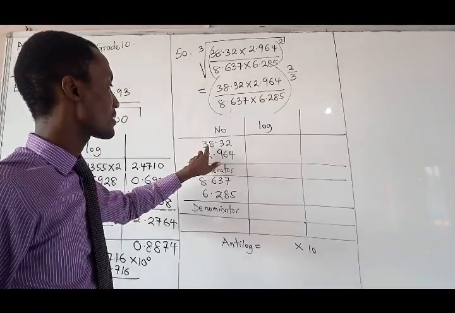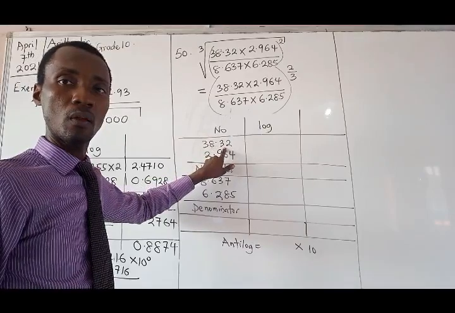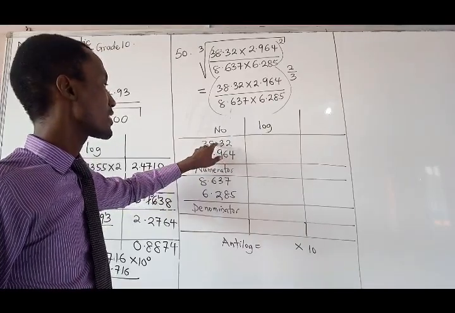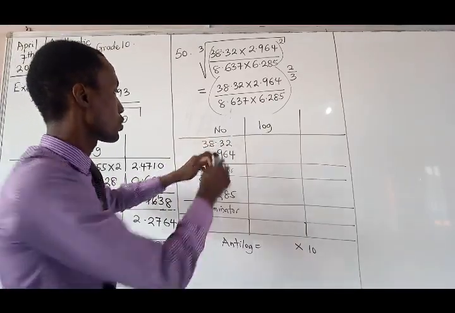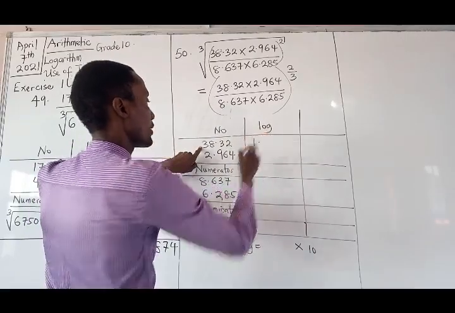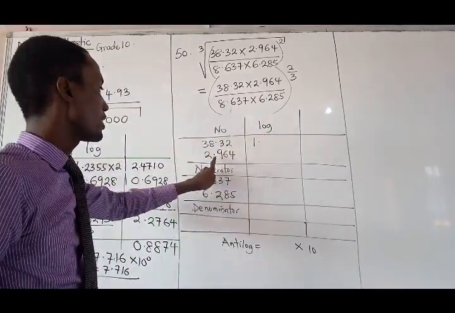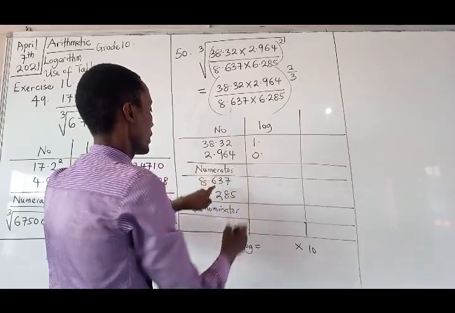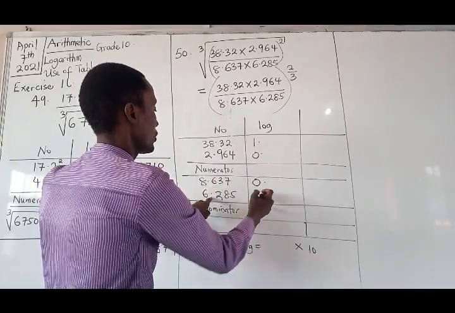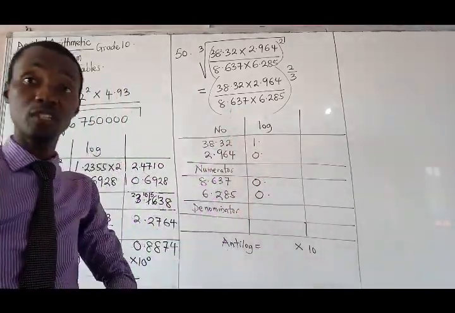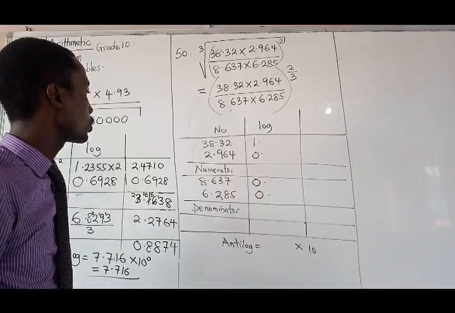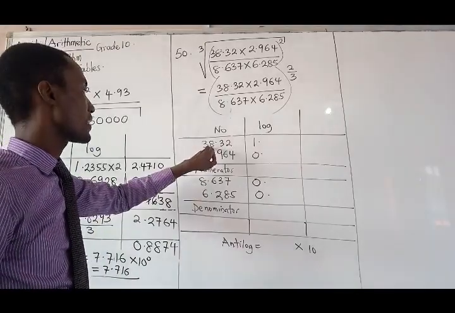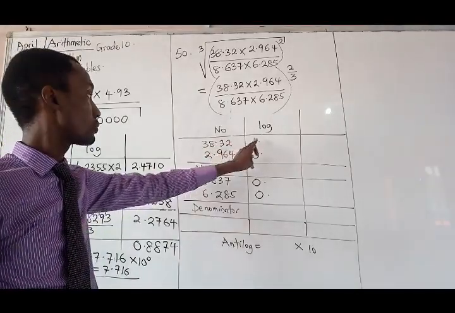Now, look at this. This is 38.32. To make this a unit decimal, I move this backwards. So this one becomes 1 point. This is a unit decimal. This is a unit decimal. This is a unit decimal. So you see, I've solved part of the problem. The next thing you do is to now check what is 38 under 3 difference 2?